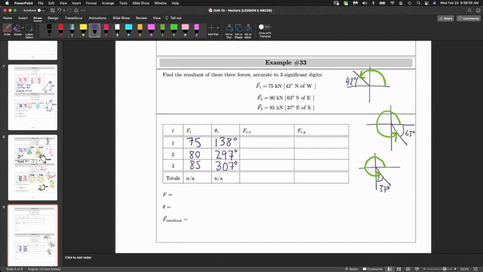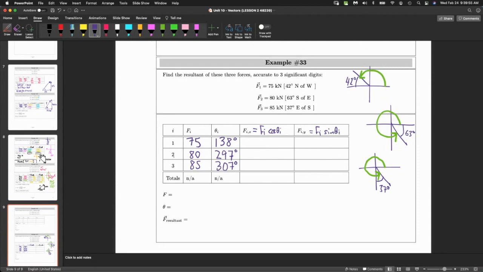At this point, it's a matter of just using the sine and cosine to find components. So this will be Fi cos of the angle theta, and this will be Fi sine of theta.